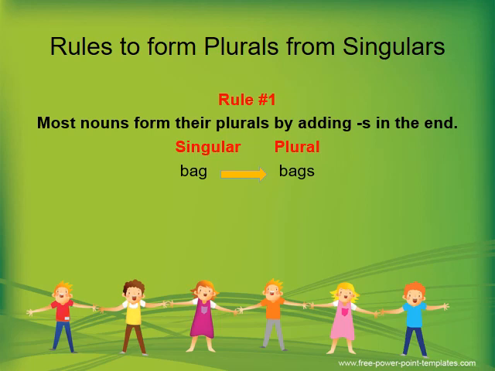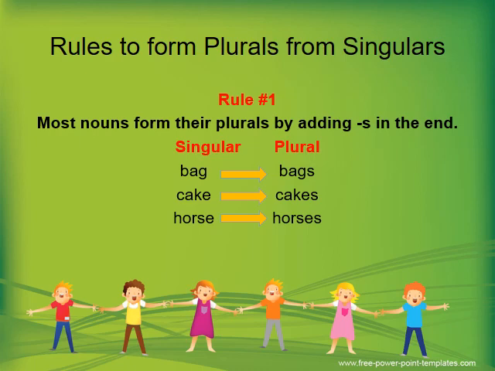So, bags is the plural form of the singular noun bag. Cake is a singular noun. So how will I form the plural of cake? By adding s in the end. So it will become cakes, and cakes is the plural form of the singular noun cake.